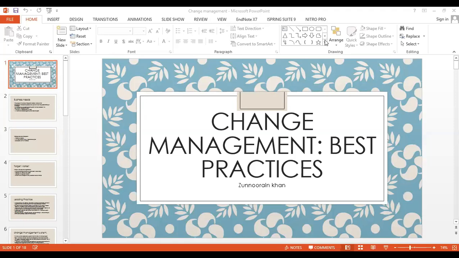This is a very important chapter, and I divide this chapter into two different parts. First, I would like to explain the importance of change management. Earlier, we discussed the introduction to organizational development, the different organizational development processes, and the different organizational development practices.